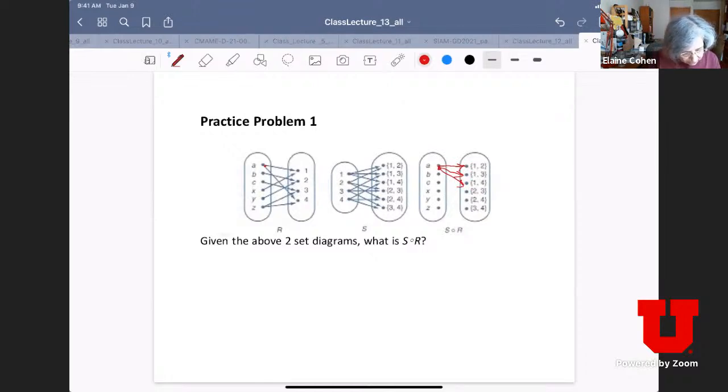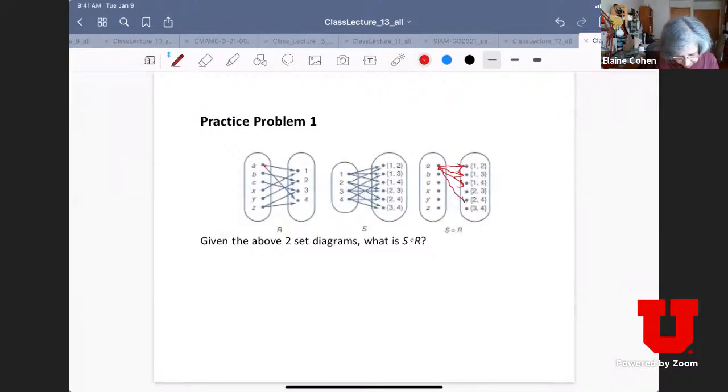But now we have A goes to 4 also. So now we have to look and see, where does 4 go? Well, 4 goes to 3 different places as well. So now we have A goes to 4 and 4 goes to 1, 4. Well, that's okay. We already have 1, 4. It got there a different route. And then A goes to 4 and 4 goes to 2, 4. That's a new one.